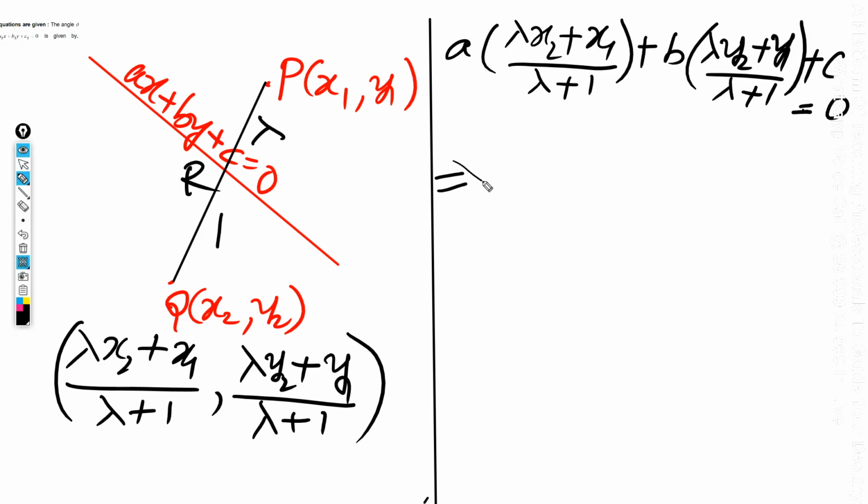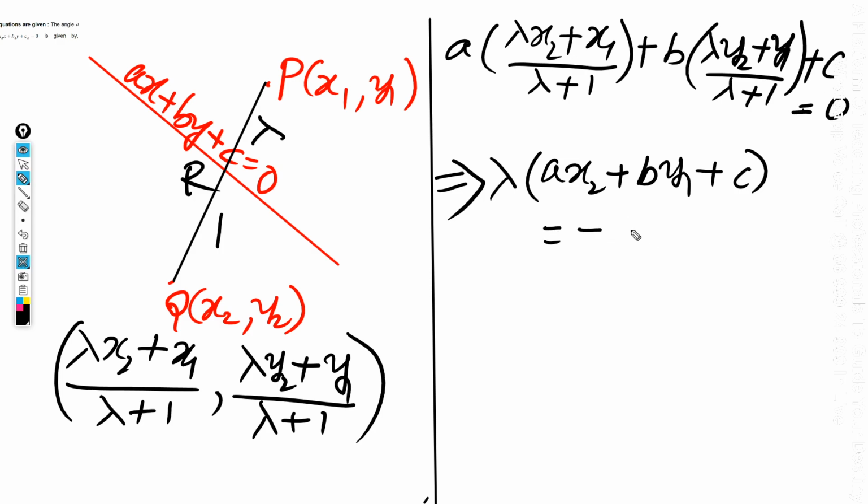Now what is our interest here? We want to find out lambda. Taking lambda common: lambda times (ax2 plus by2 plus c) is equal to, if you simplify all of them, minus of (ax1 plus by1 plus c).